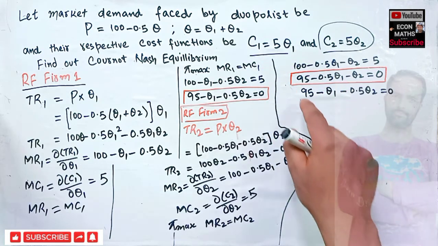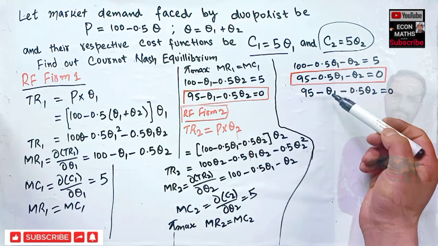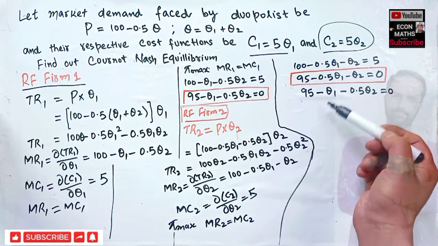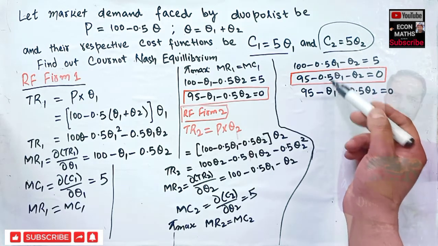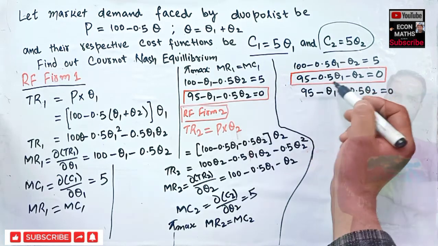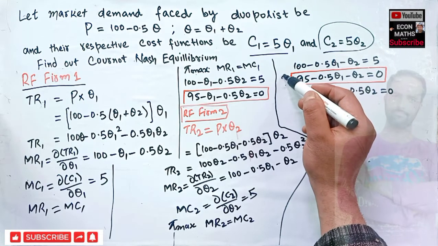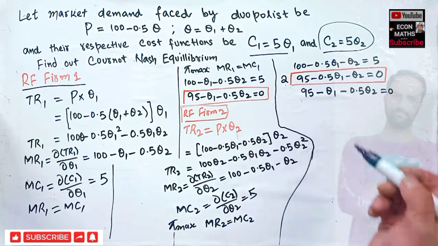There are a number of methods. One method is to make the coefficient of either q1 or q2 the same in both equations. How can we make the coefficient of q1 the same here? If I multiply this equation on both sides by 2, then 2 into 0.5 will become 1, so the coefficients will become the same.